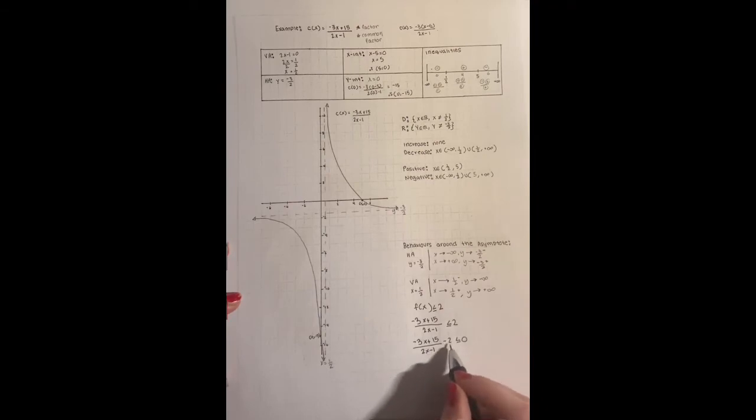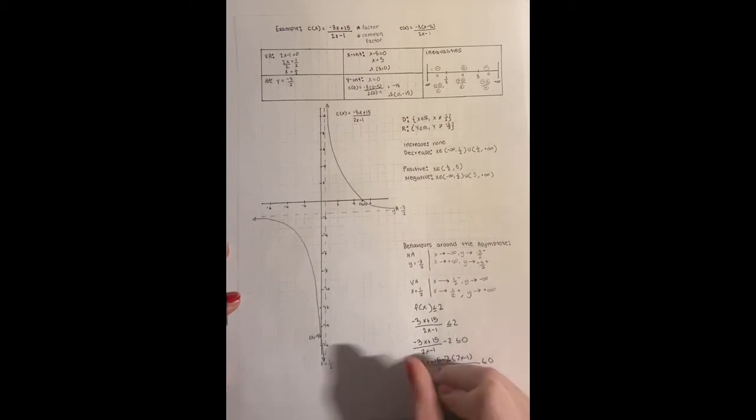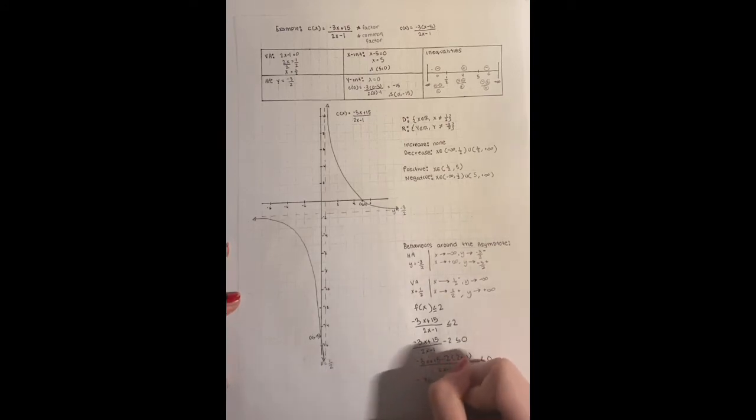And we're going to multiply the negative 2 by the lowest common denominator. We're going to distribute the negative 2 into the bracket and then simplify. We're going to get negative 7x plus 17 over 2x minus 1, which is less than or equal to 0.